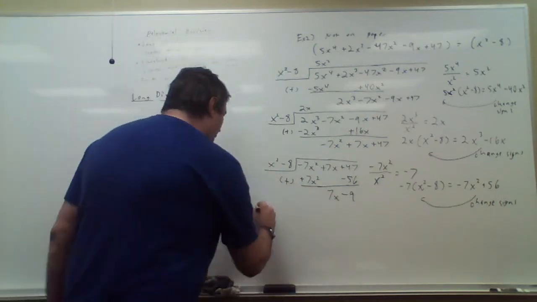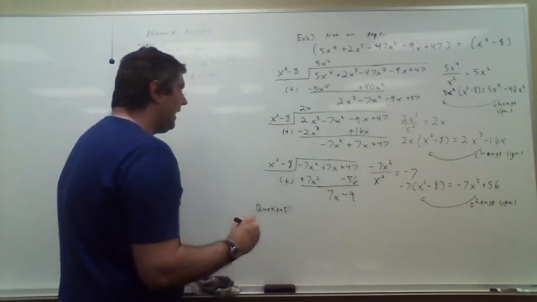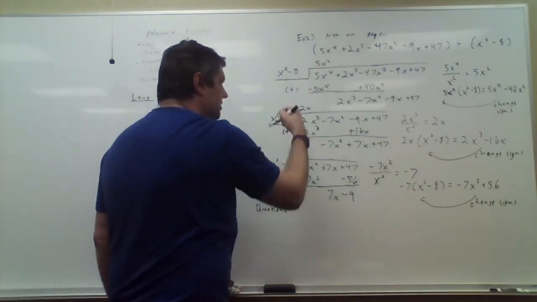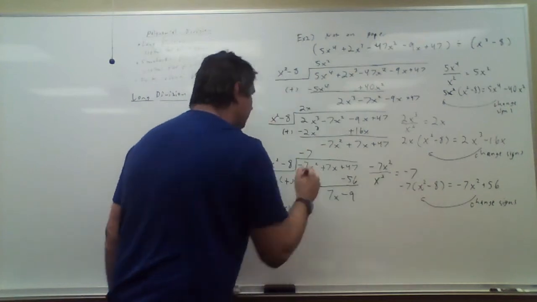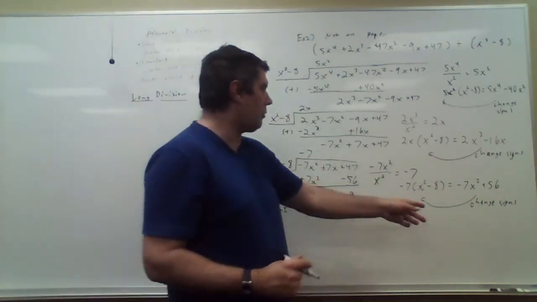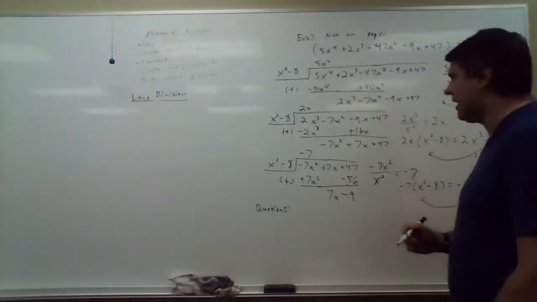Okay? The quotient is 5x squared plus 2x. Oh, I forgot to put the minus 7 here. If you forget to put them on top, you can always recollect them by taking these and putting them together.